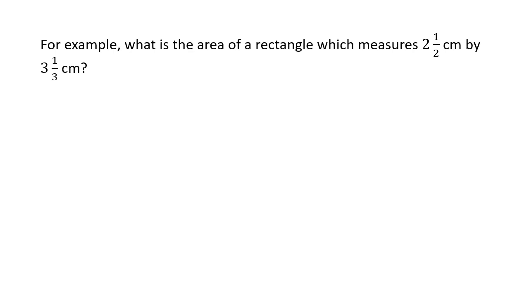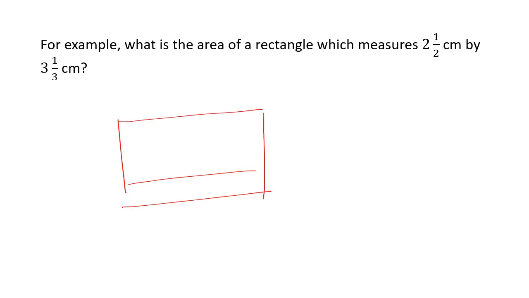So now we can get into a problem like this, where we have 2.5 by 3 1/3. And very similar to the previous problem, I'm going to break this into 3 1/3, 2.5.